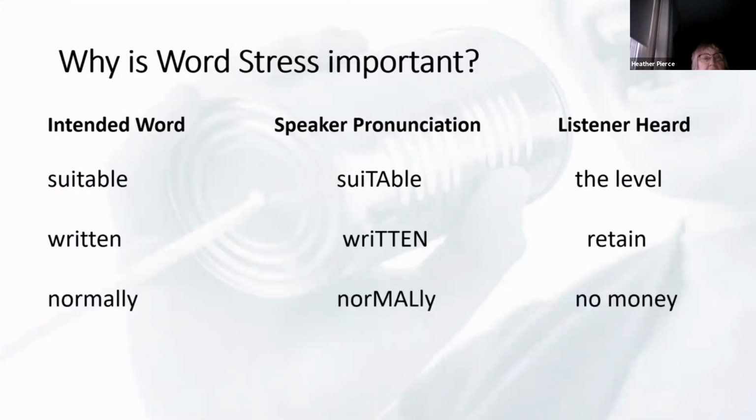Or my favorite, the intended word was normally, and it was pronounced differently, and the listener heard "no money." Normally. So you can see that word stress pattern is really, really important and can actually override the sounds, including the vowel sounds, and what the listener hears.